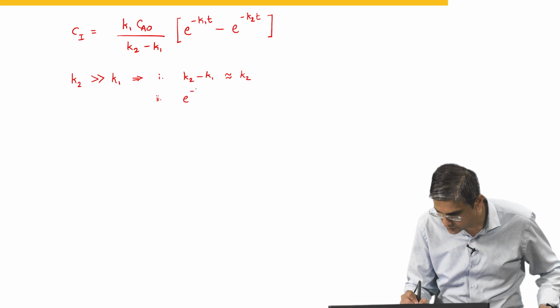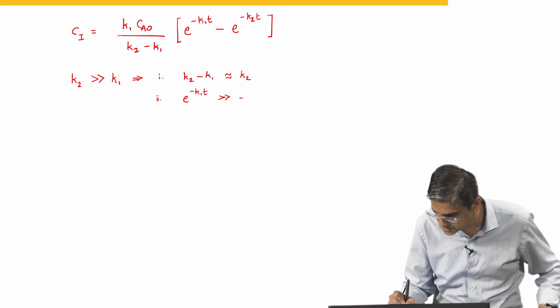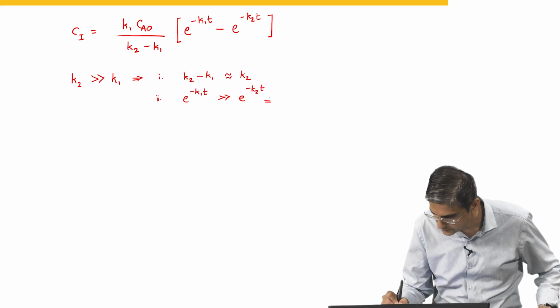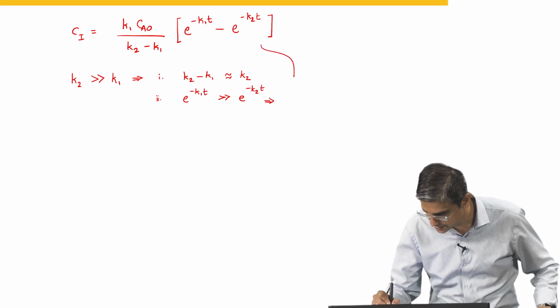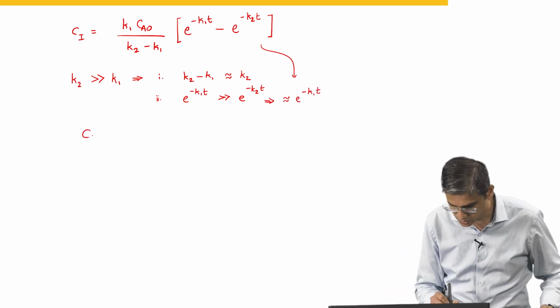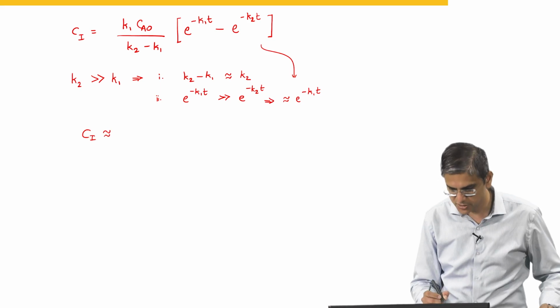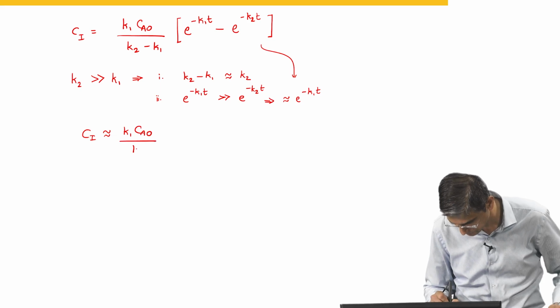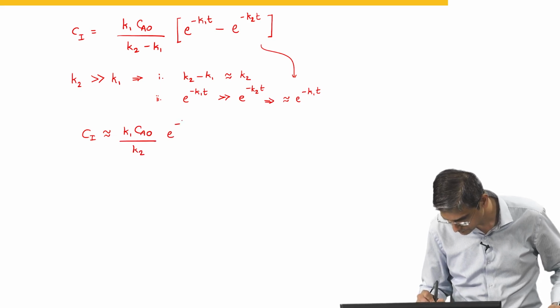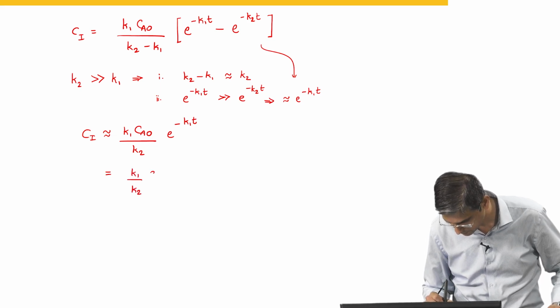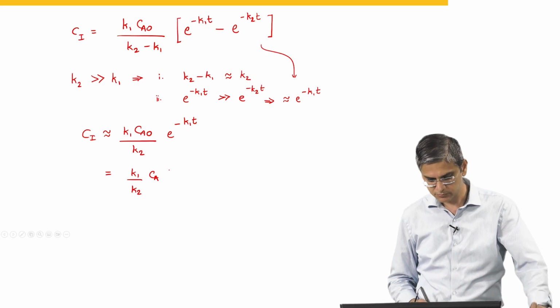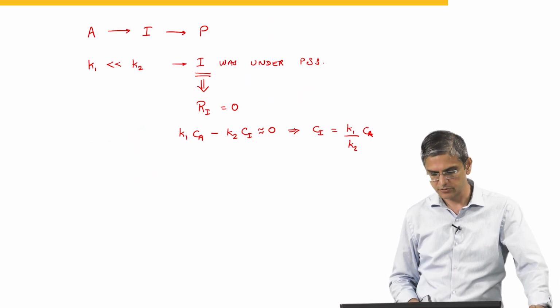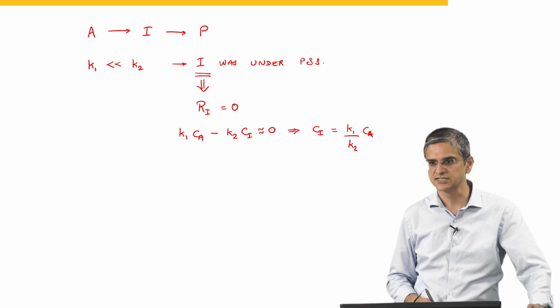Second, e to the power minus K1t is going to be much greater than e to the power minus K2t, which therefore implies this particular term is going to be approximately equal to e to the power minus K1t. Okay. So, Ci with an approximation of K2 much greater than K1 is going to be approximately equal to K1 by K2 Ca, okay, which is exactly what we had got when we started off with the pseudo steady state assumption.